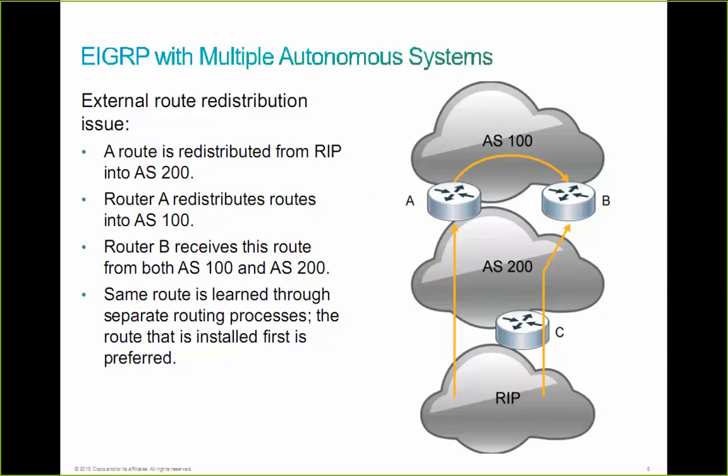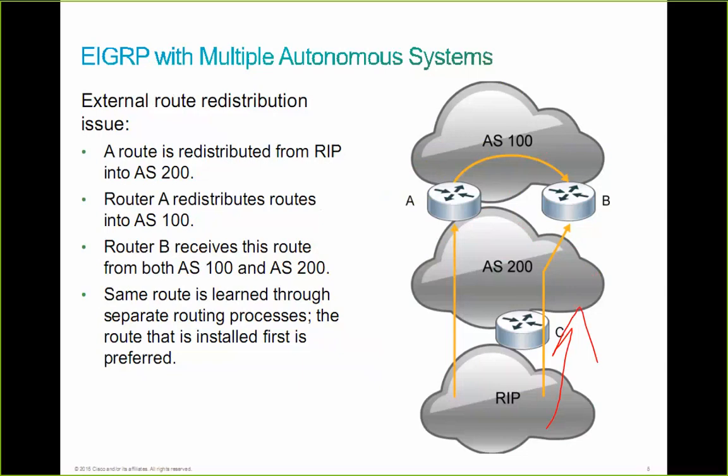So we've got router A here and router B here that are members of both autonomous systems, right? Now, when the routes come in from RIP, how are they going to show up in AS200? They're going to show up as DEX routes, right, with an administrative distance of 170. That's what the standard AD is for these redistributed routes.